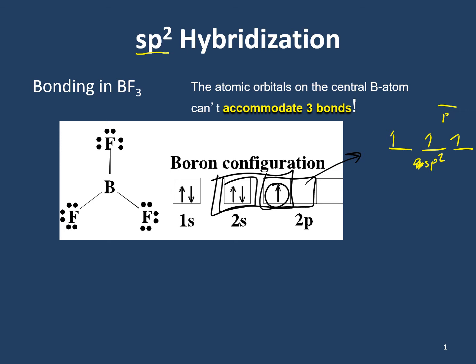And those 3 valence electrons then distribute 1 in each orbital, giving us 3 unpaired electrons, which allows boron to make its 3 bonds in this compound.